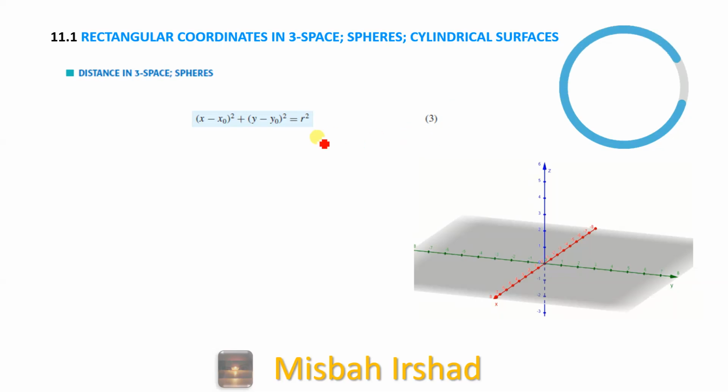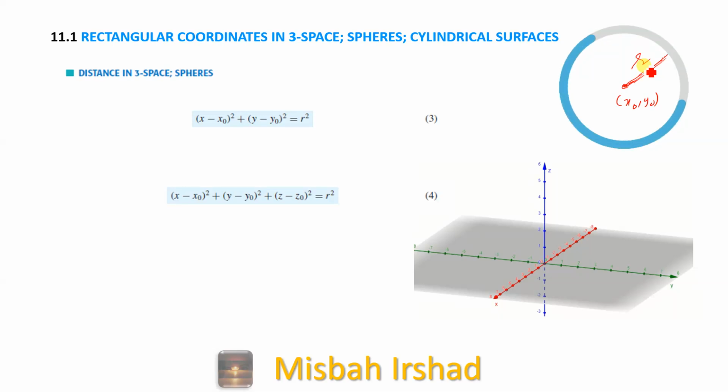So we define a circle in a plane as a set of points which are equidistant from a fixed point with coordinates x0, y0. And this fixed point is called the center of the circle, and this fixed distance is called the radius of the circle.